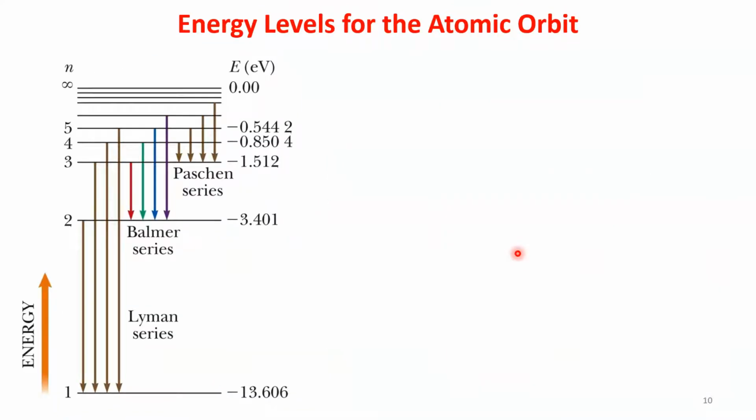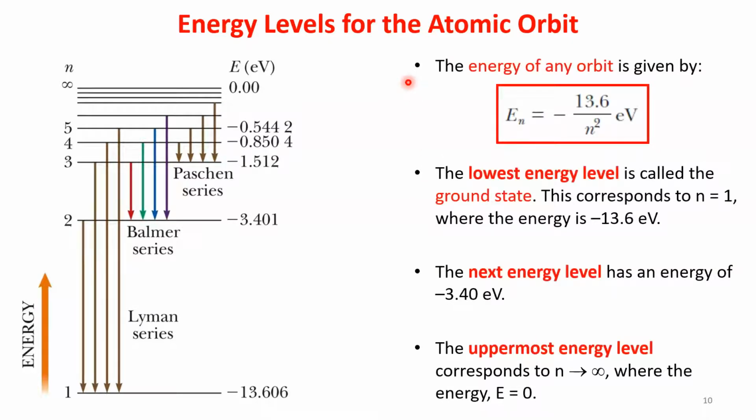So this is the energy levels for the atomic orbit. I will explain this energy level in the next video. Here, the energy of any orbit can be calculated by using this equation.